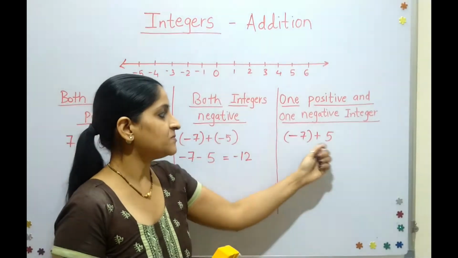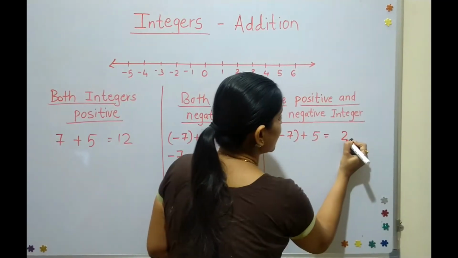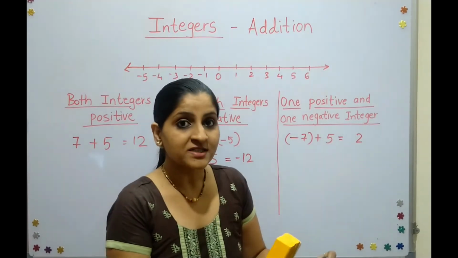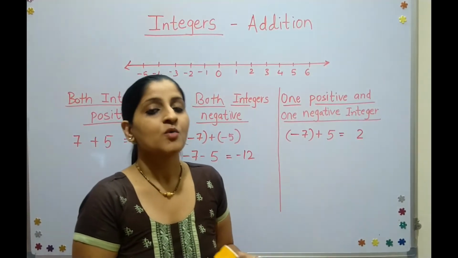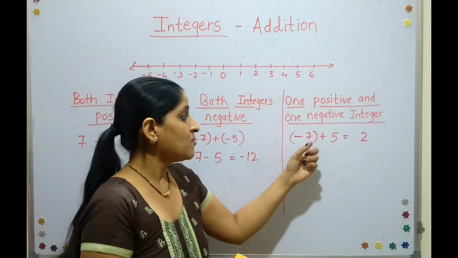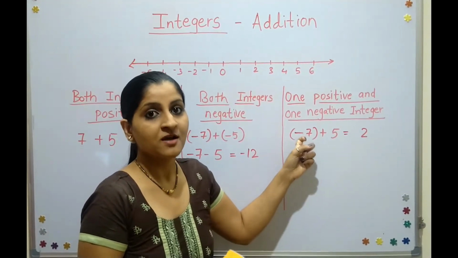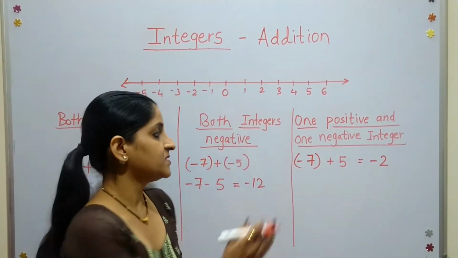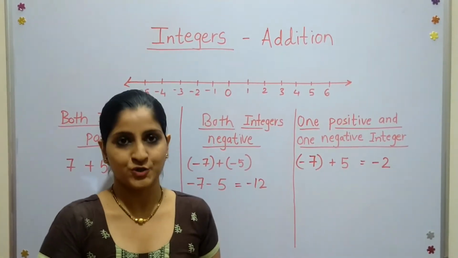So here I will subtract 5 from 7. After subtraction, I will get the answer 2. But while we give the final sign to the answer, we have to give the sign of the greater number. So amongst 7 and 5, 7 has a greater face value. That's why the answer for negative 7 plus 5 is minus 2.